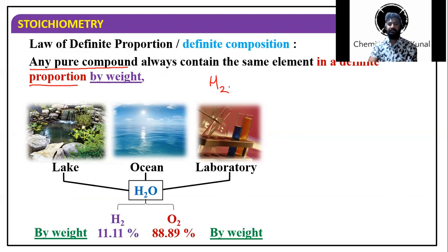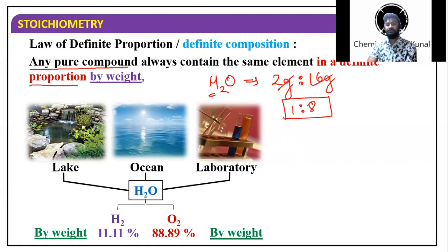For example, a water molecule has 2 grams of hydrogen, because the mass of one hydrogen atom is 1 gram, so 2 hydrogen atoms is 2 grams, and the mass of oxygen is 16 grams. So the ratio is fixed, 1:8. Whenever hydrogen combines with oxygen in this ratio, it will form water, no matter from where you are getting that.